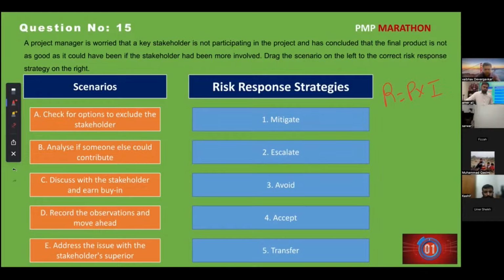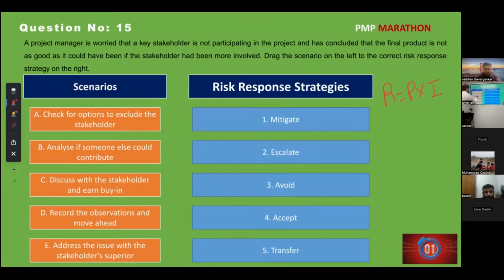The scenarios are: check the options to exclude the stakeholder. Next, analyze if someone else could contribute. In that one, I think I would go with option B, one, mitigate probably.